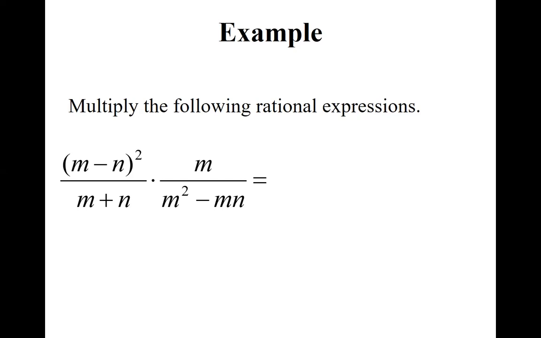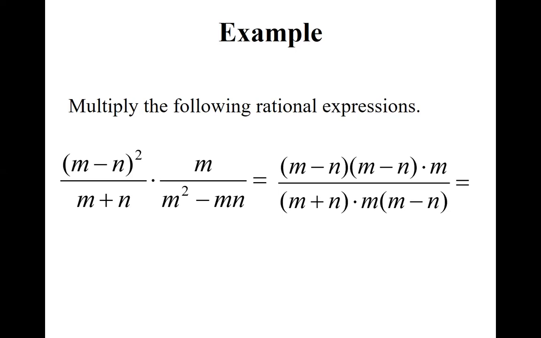Well, let's write out that m minus n squared is m minus n times m minus n, and then we would be multiplying that by m. And then we factor the bottom right, m squared minus mn, we can factor out an m to get m times m minus n. That's multiplied by the first denominator, m plus n.